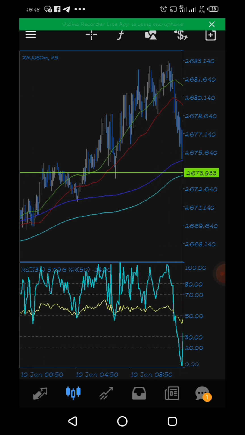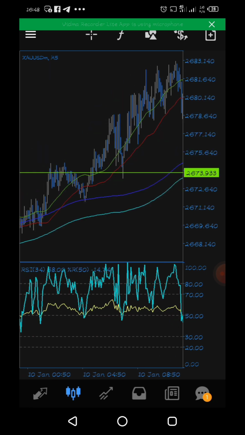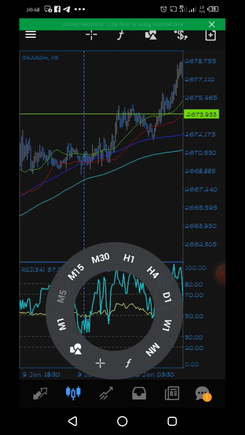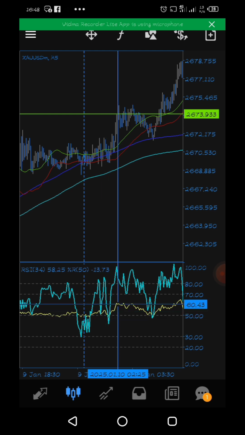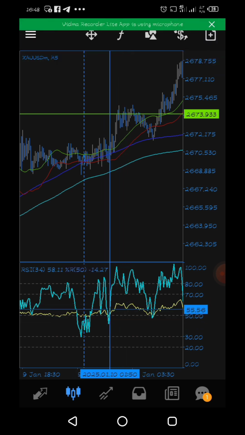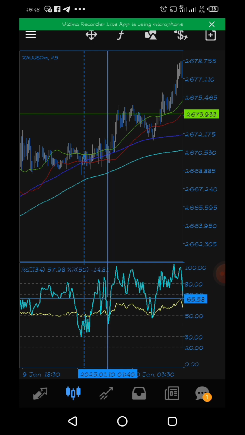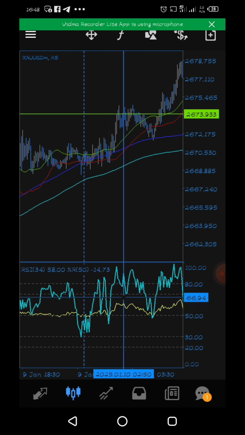Now let's get into the setup for this indicator. So let me just explain. Now the setup is very simple. We have the first line, this is the RSI line here, and the second setup is the Williams percentage here. So as long as both are up, we're in a buy trend.